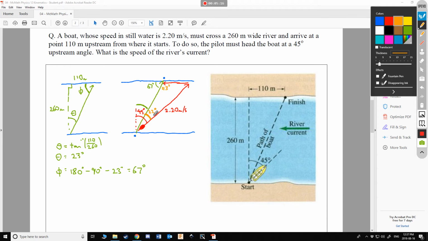We've found two angles in a triangle. That means we actually know all three, and the sum of the angles in the triangle is 180. So 180 minus 22 minus 113, we're left with 45 degrees.